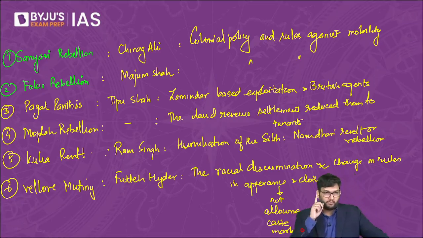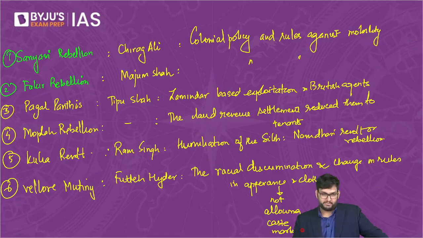So, sannyasi, fakir, pagalpanthi, mopla, kuka, and Vellore, Chirag Ali, Majnun Shah, Tipu Shah, Ram Singh, and Futeh Haider.